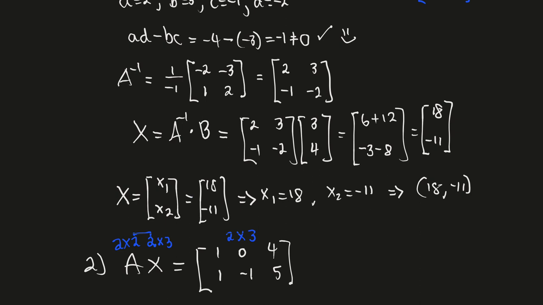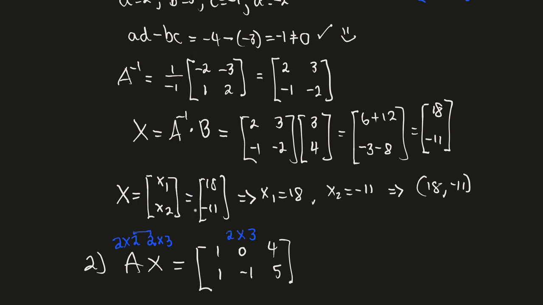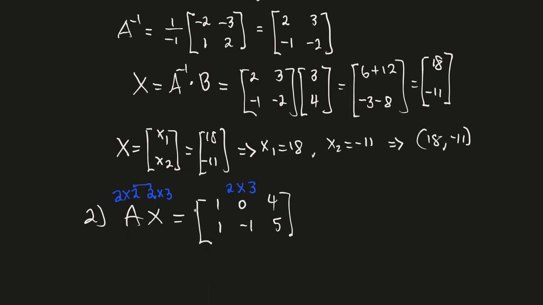And then we can solve this the same way we did up here, by multiplying both sides by the inverse. So in this case, we're not going to get just a column, we're going to get another 2 by 3 matrix. So X is A inverse times this new B, the 1, 1, 0, negative 1, 4, 5, right?